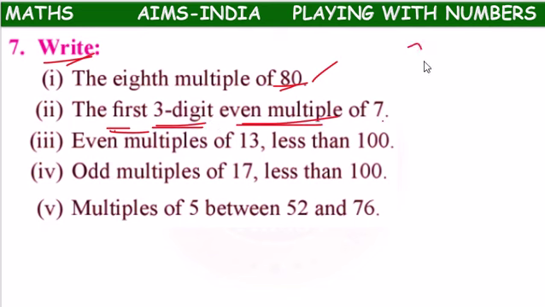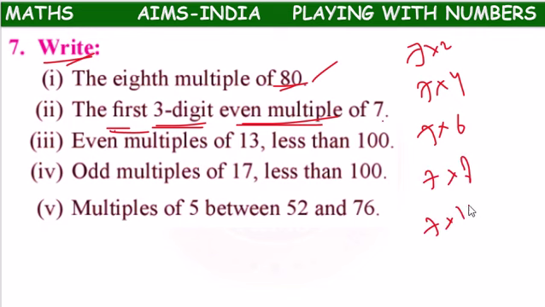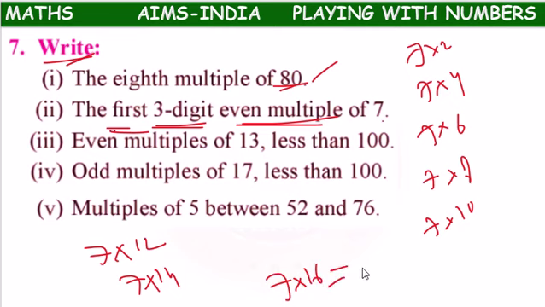So we have to write even multiples of 7: 7 times 2 is 14, 7 times 4 is 28, 7 times 6 is 42, 7 times 8 is 56, 7 times 10 is 70, 7 times 12 is 84, 7 times 14 is 98, 7 times 16 is 112.